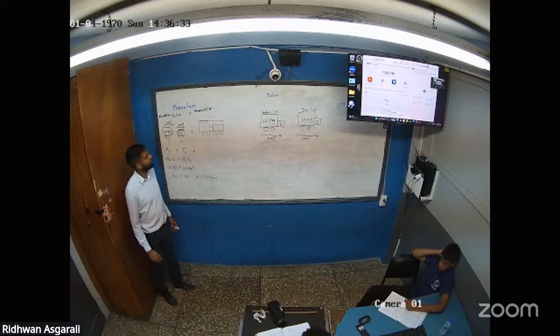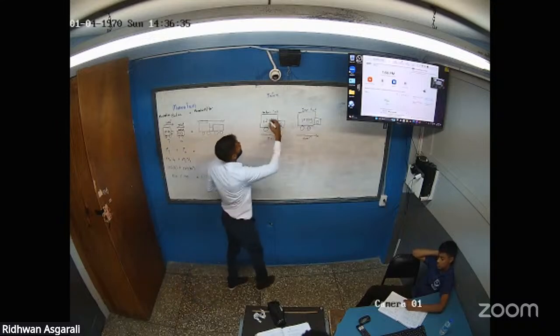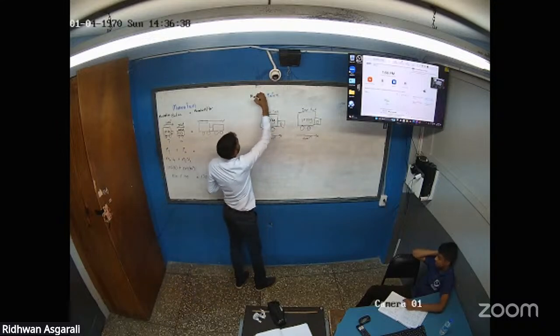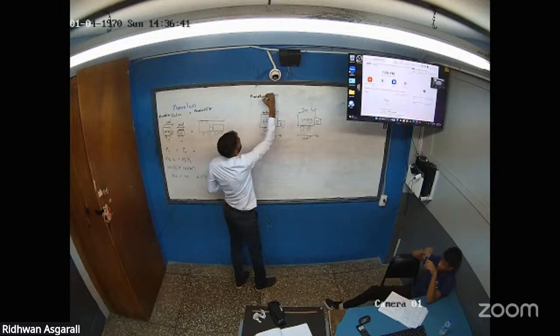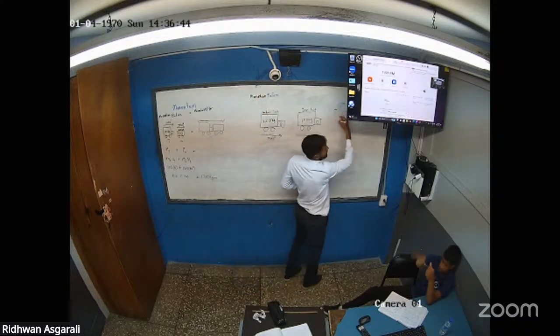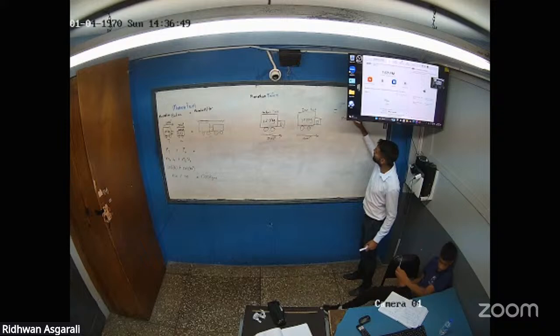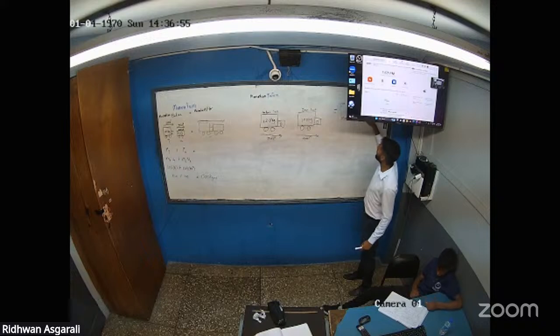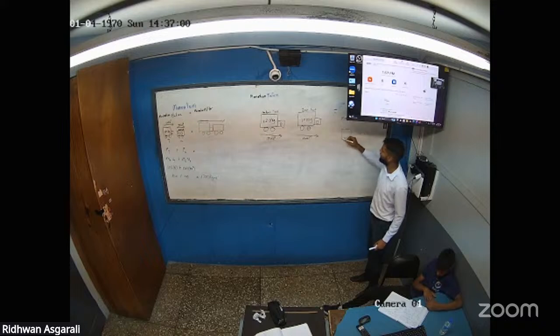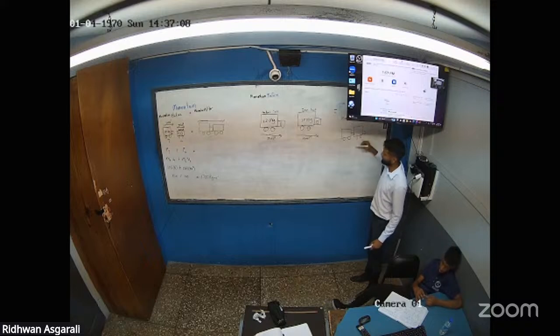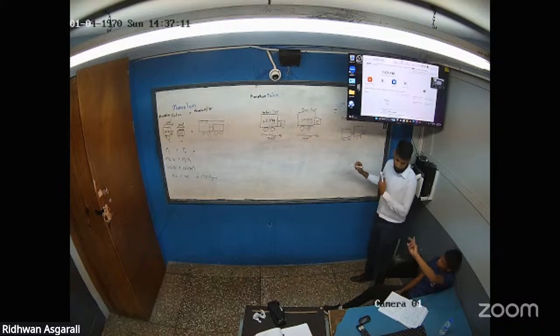So this is the momentum before, equal to the momentum after. If both of them collide with each other, boom, which direction are they going? This way, yeah? They're going right.